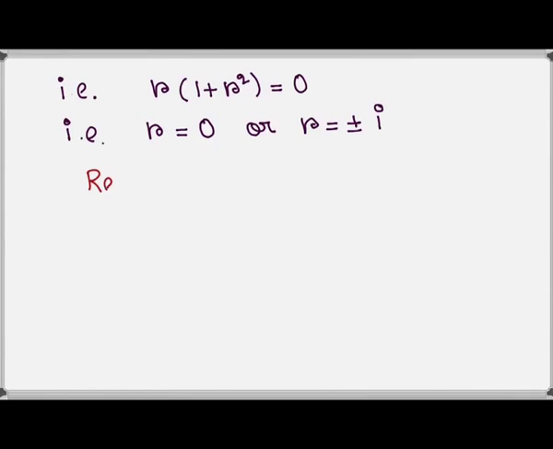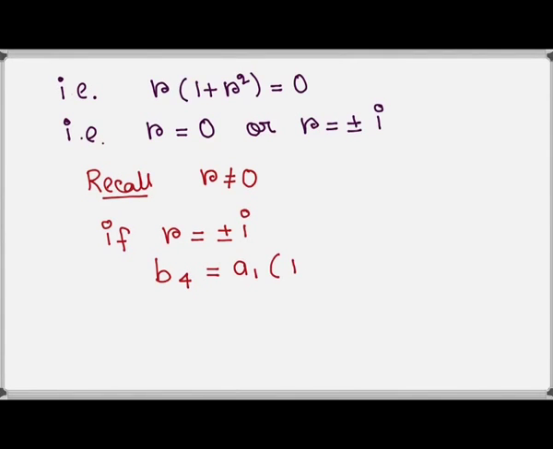Now recall that we have already made this remark that r is not equal to 0, as a1, a2, a3 and a4 all of them are distinct, and if r is equal to plus minus i, then note that b4 is equal to a1 into 1 plus r plus r square plus r cube is equal to 0.